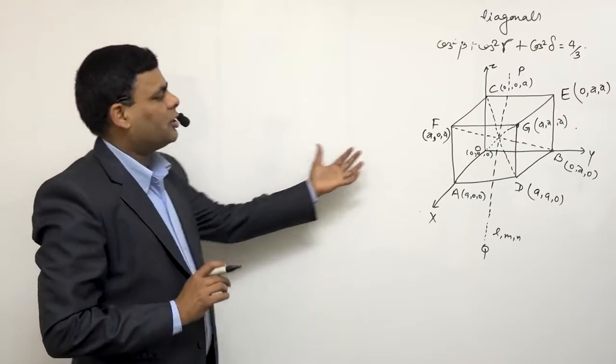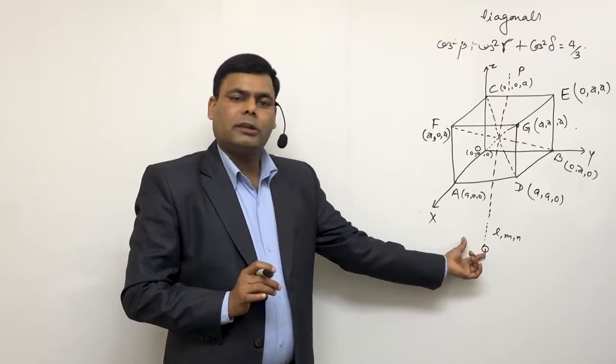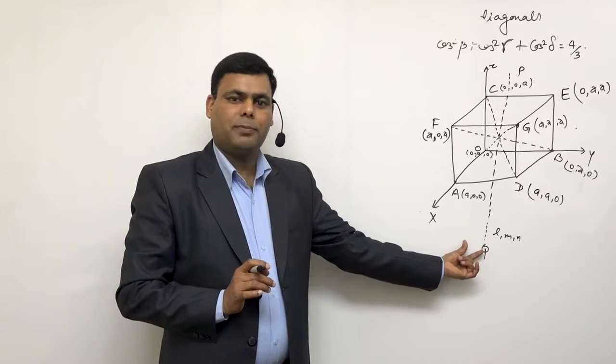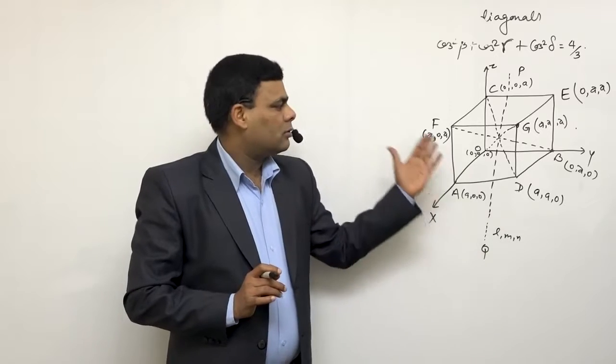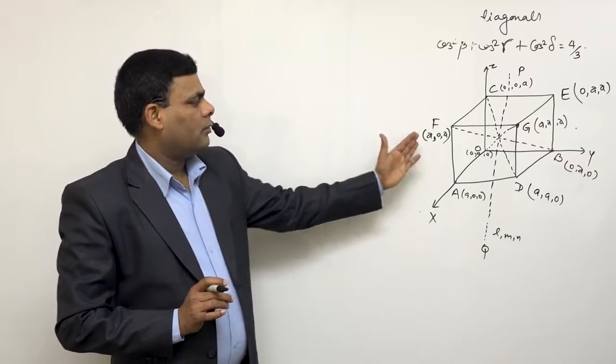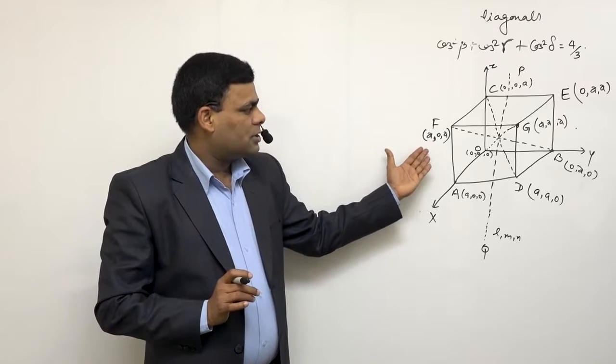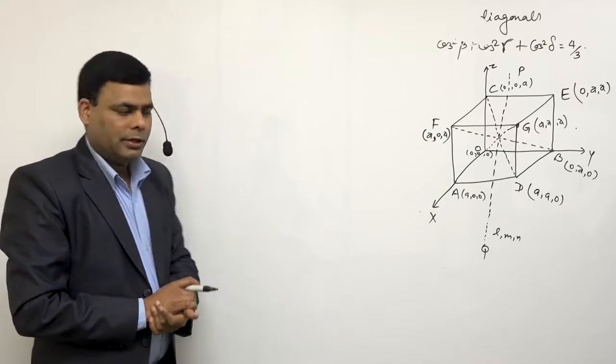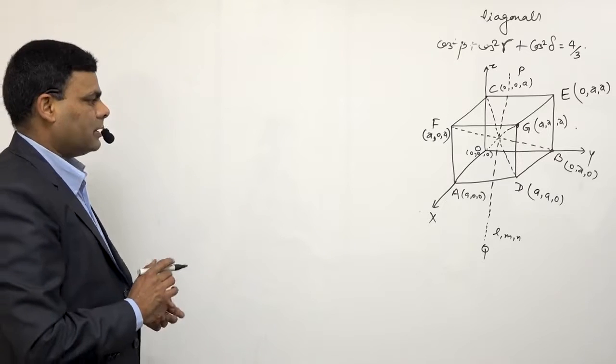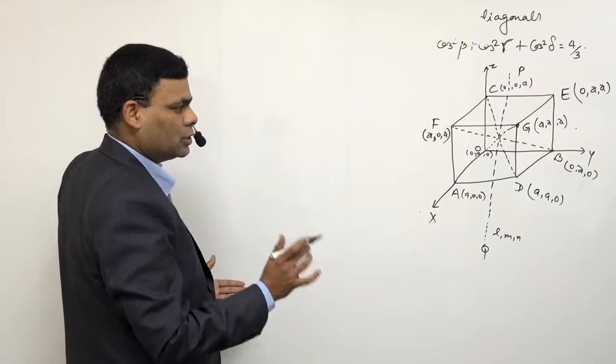Now we have to find the direction cosines, as we know that the direction cosines of PQ are l, m, n. So we have to find the direction cosines of the diagonals OG, CD, FB and AE. Now let us find the direction cosines of OG.